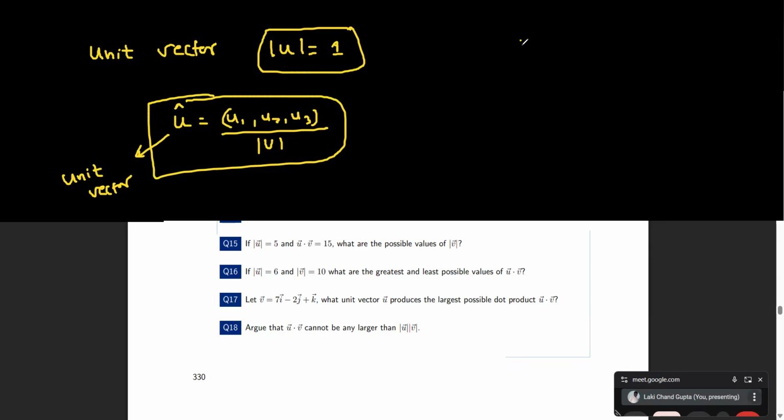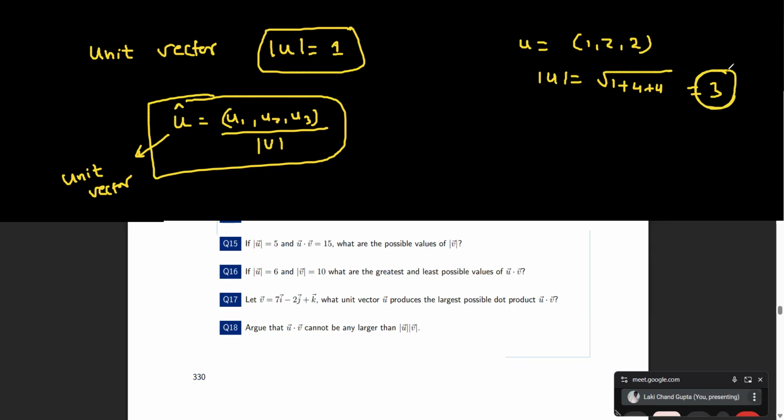Let's suppose the modulus of u equals 1 again. So what's u hat, the unit vector? First we find the length of this vector. It is 3.